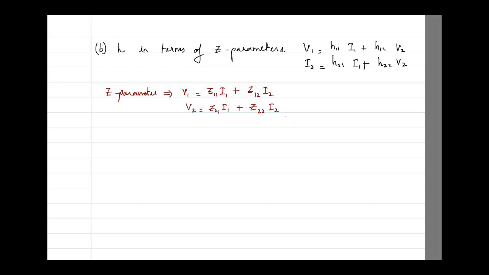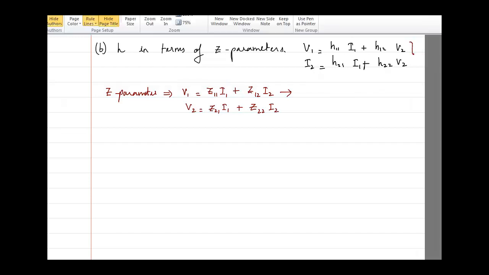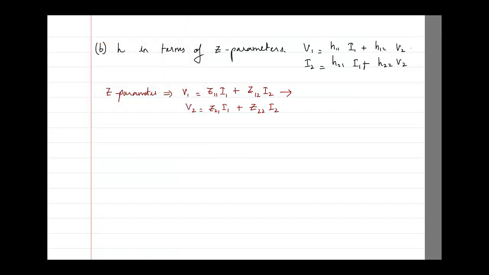See, if you look at this equation, I have i1 with respect to v2. So if I write this equation set, let me write this as 1a and this as 1b, and let this be 2a and this be 2b.